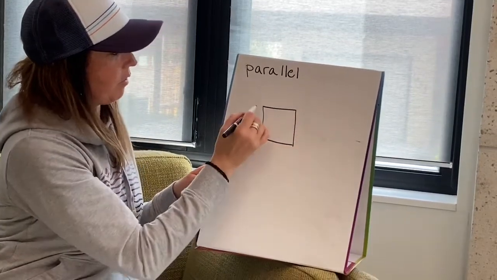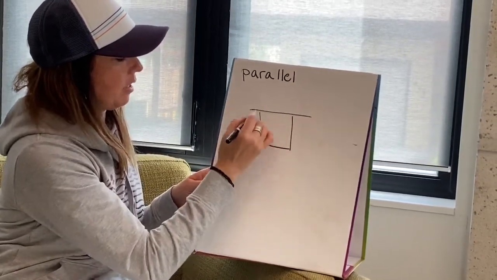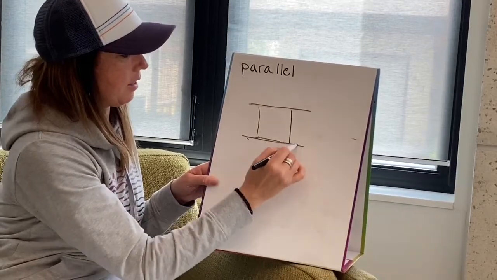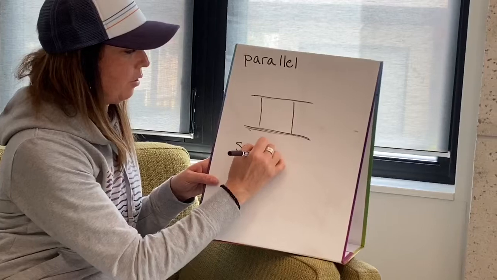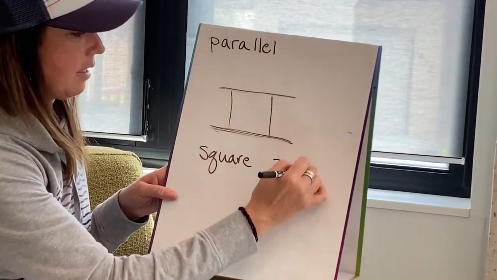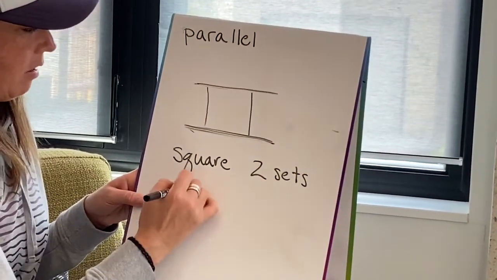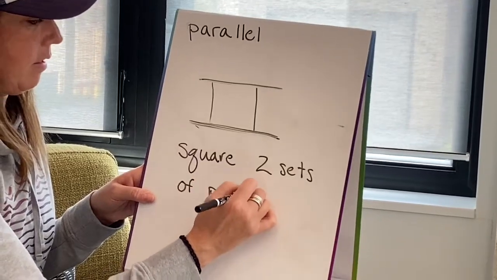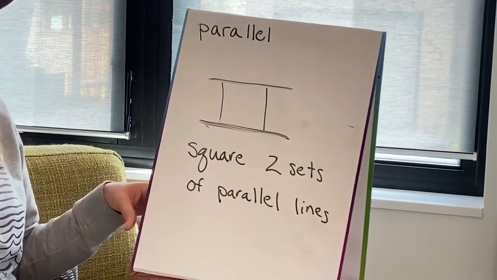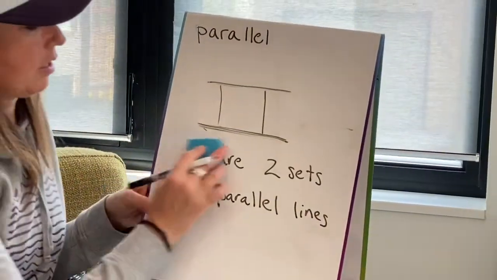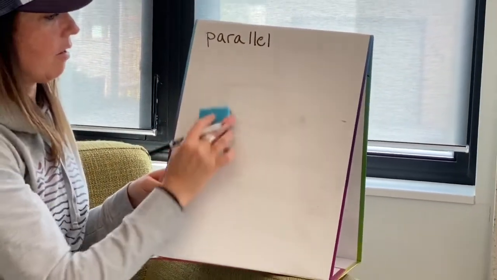Then if we draw a line across here and here, there's another set of parallel lines. So a square has 2 sets of parallel lines. Go ahead and we're going to just look at a triangle.